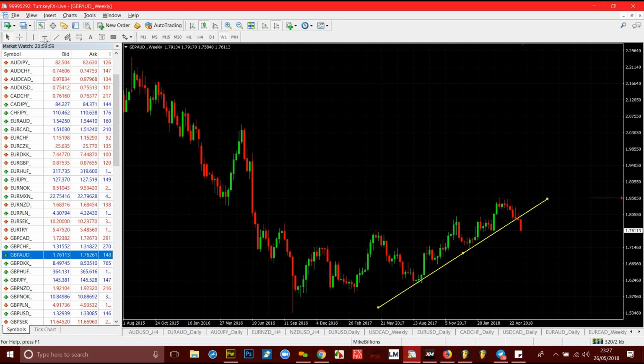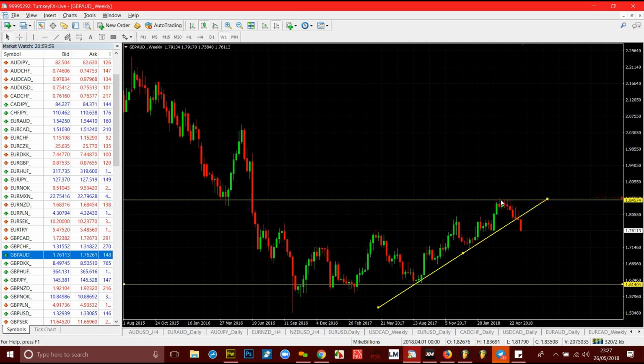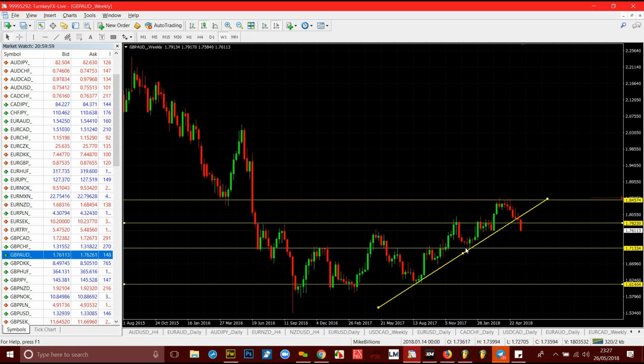Again, we have to identify the levels. So let me just capture it from here, and then capture it from here. Then what else am I seeing? See that. Touch that. What else? I'll pick that.